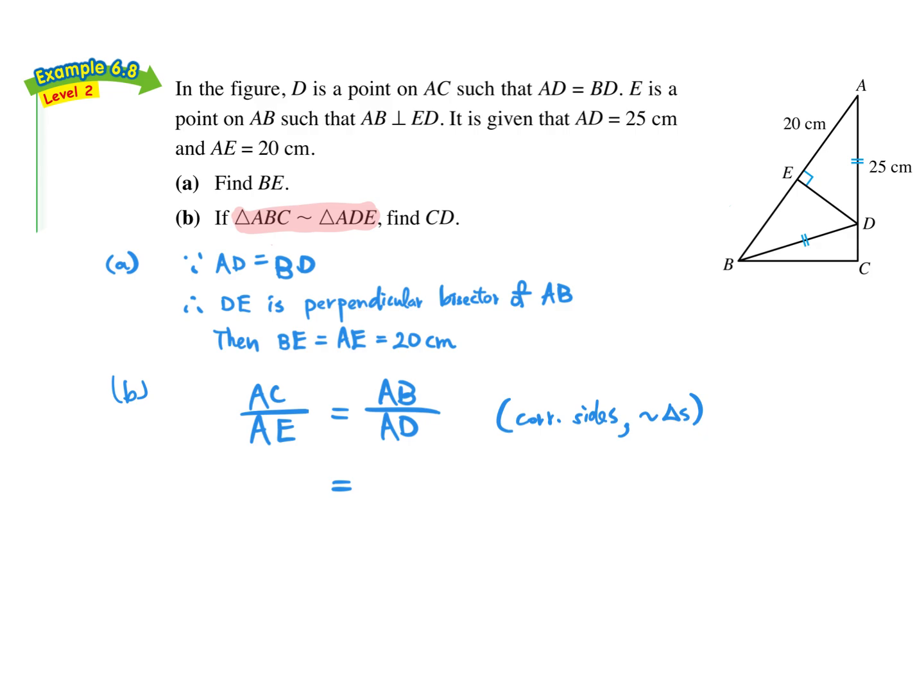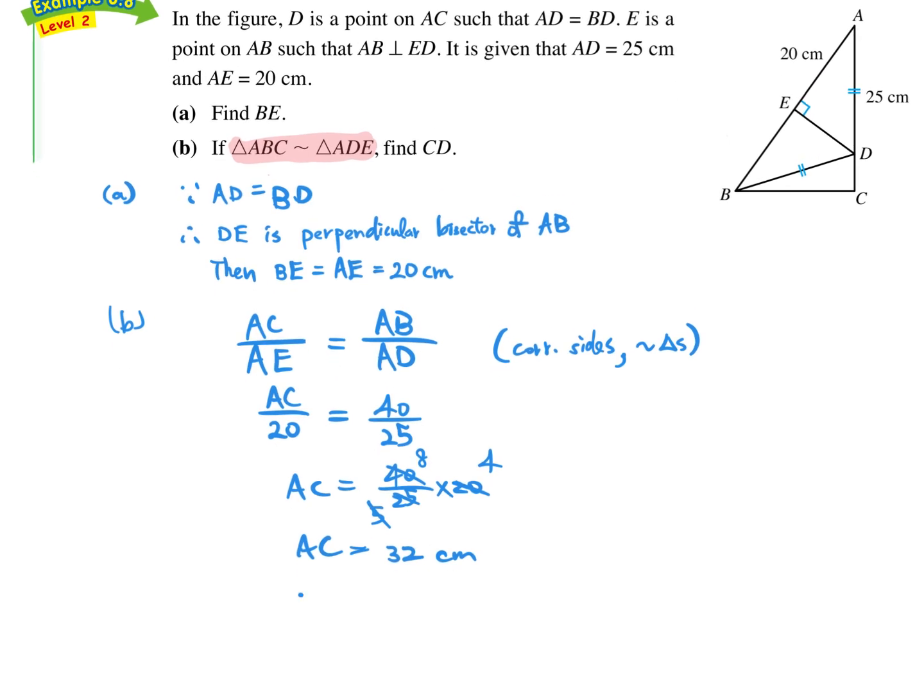First of all, AC, just write down AC, and AE is 20 cm, AB is 40 cm, and AD is 25 cm. And then we have AC equals this, and cancelling. Therefore, it is 32 cm. And then CD equals 32 minus 25, which is 7 cm. And that's it.